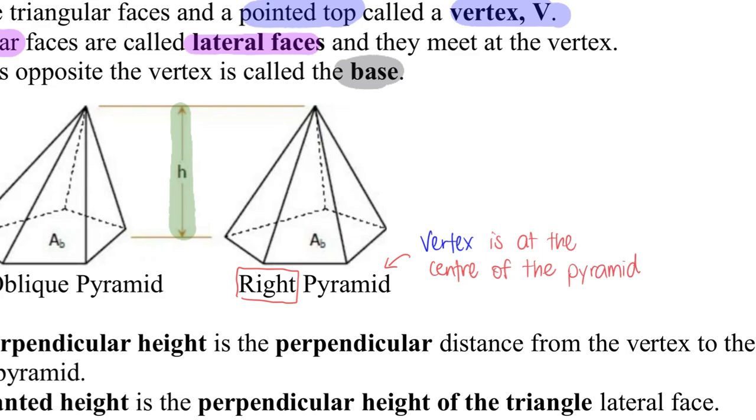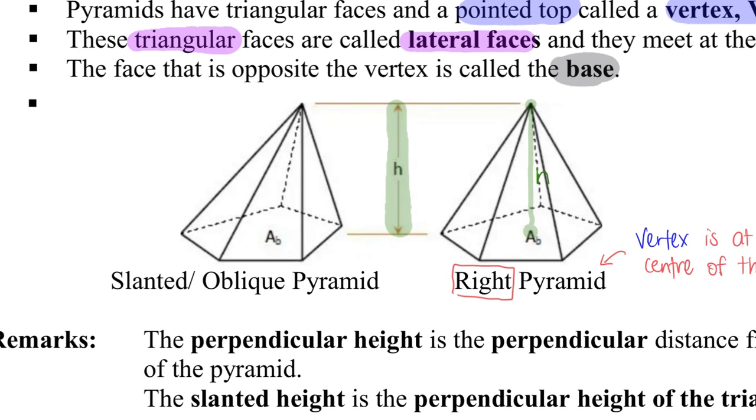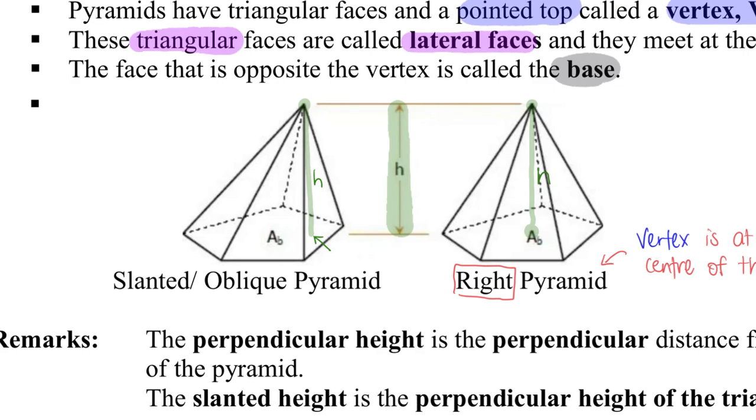So now I know this particular point all the way down, this part here will be at the center. So this is my H. And if I look at this slanted one, this height here need not be at the center. Okay, so that's what it means.